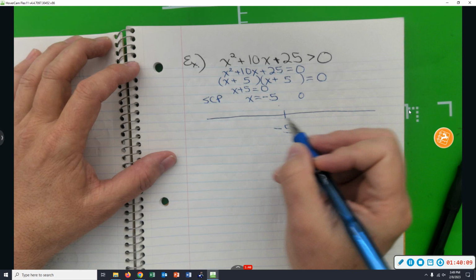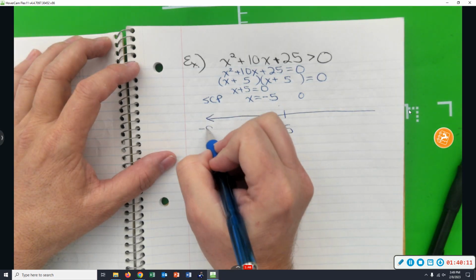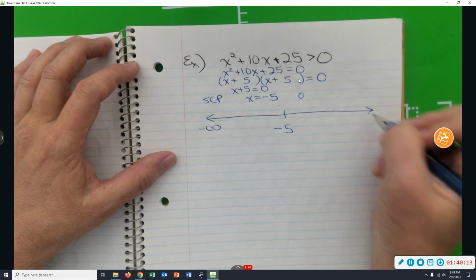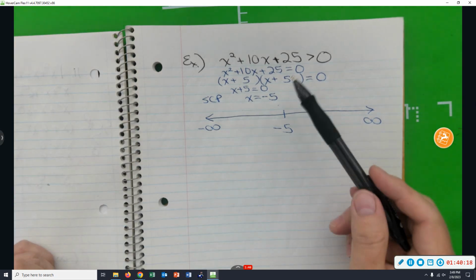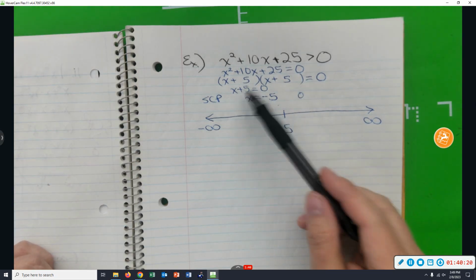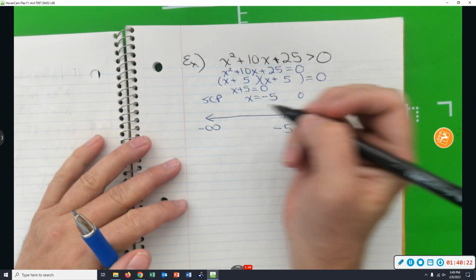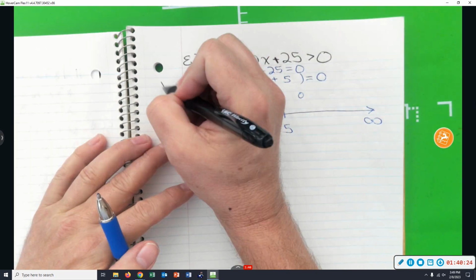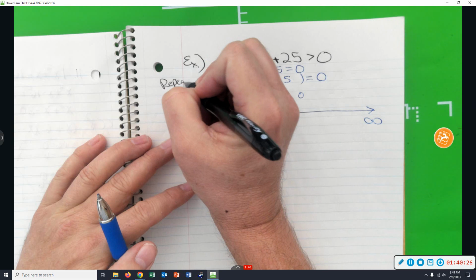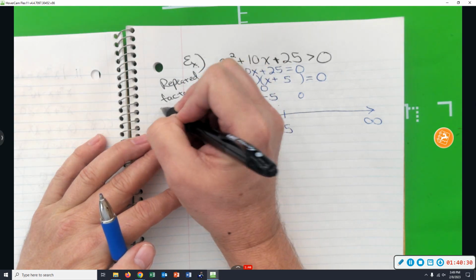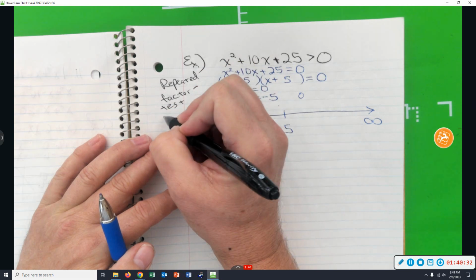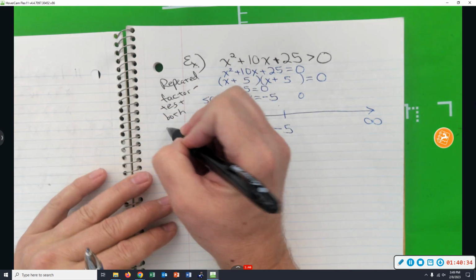No denominator cut point. I have a -5. Because of this repeated factor, you can't just test 0. You need to test both intervals. When I see the repeated factors, I'm going to test every interval. I'm going to write that out. Repeated factor, test both intervals.